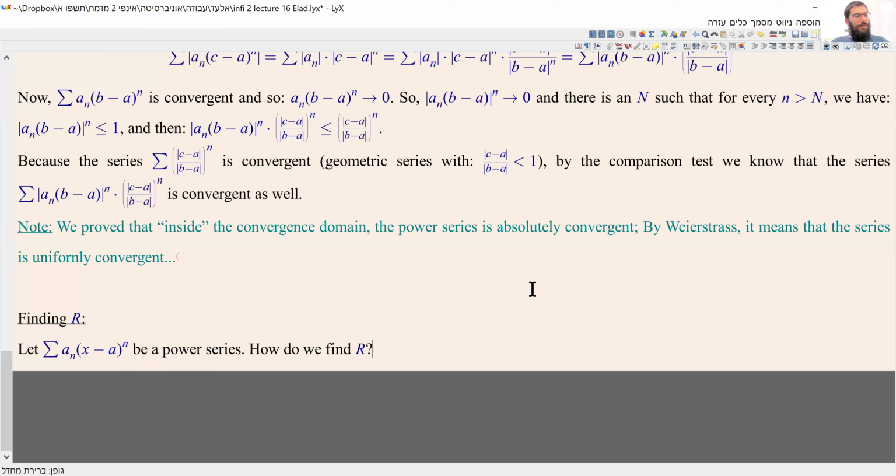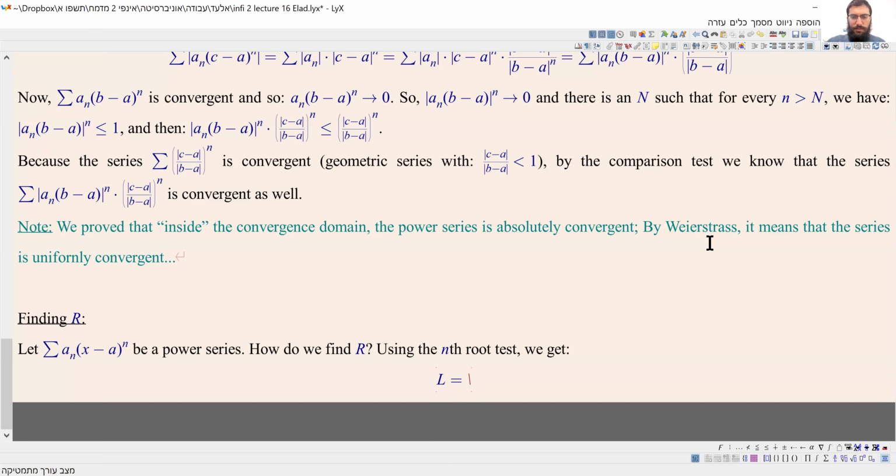So how do we find R? We can use the nth root test. We get the following.